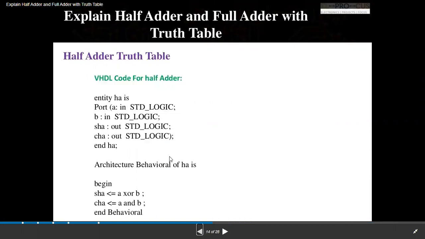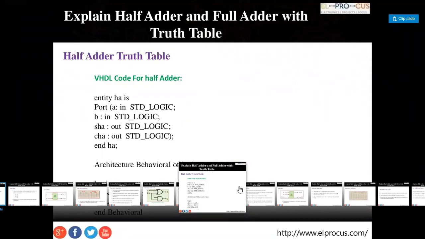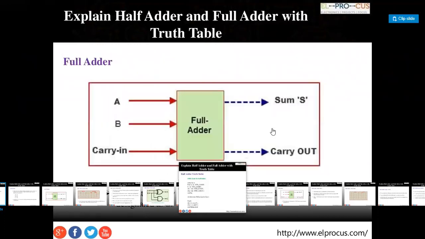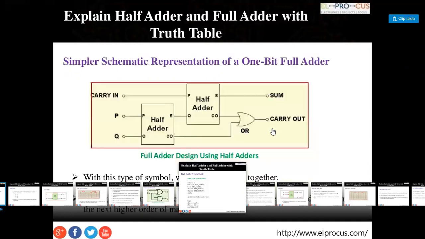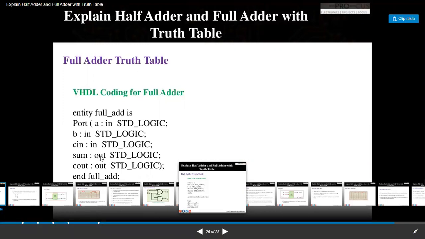So if we check the programs, the entity full adder has pins A, B. In the half adder these are 2 pins, but in our full adder design, we are using 3 bits: A, B and C in. Those 3 bits we are using, and the output is given as sum and C out, both out STD logic.